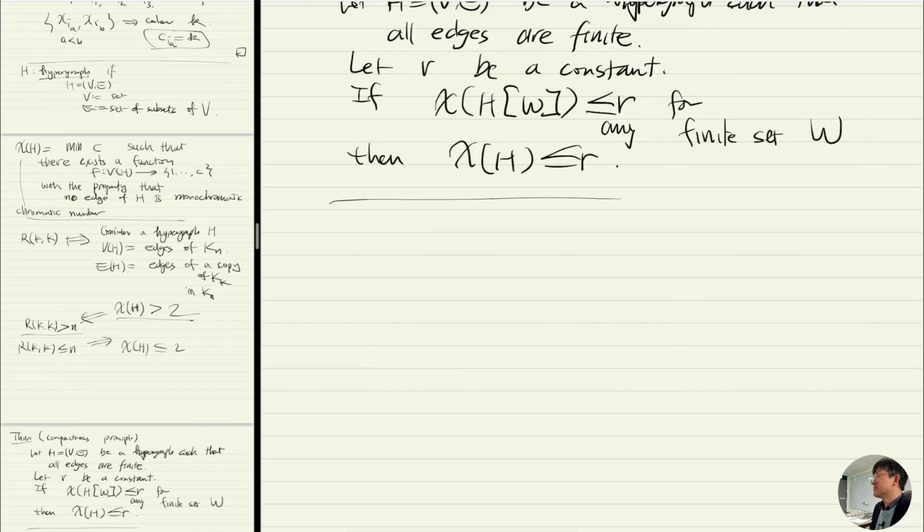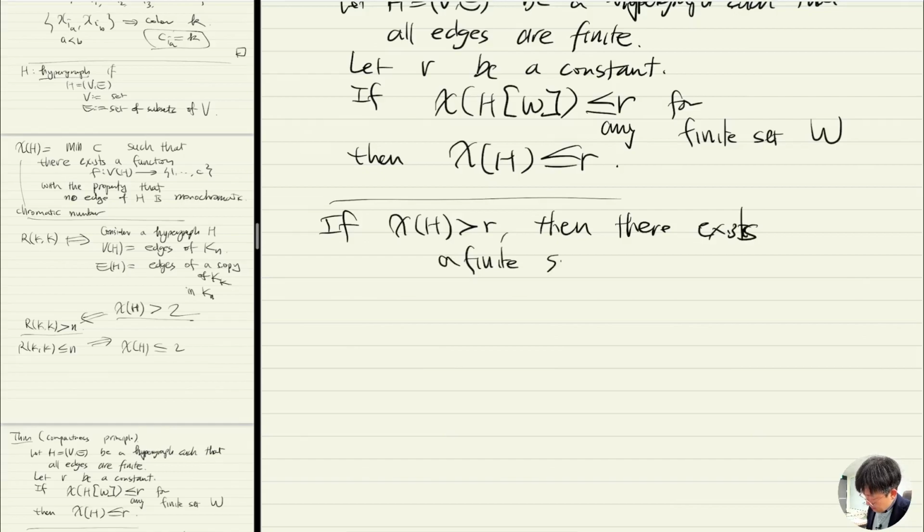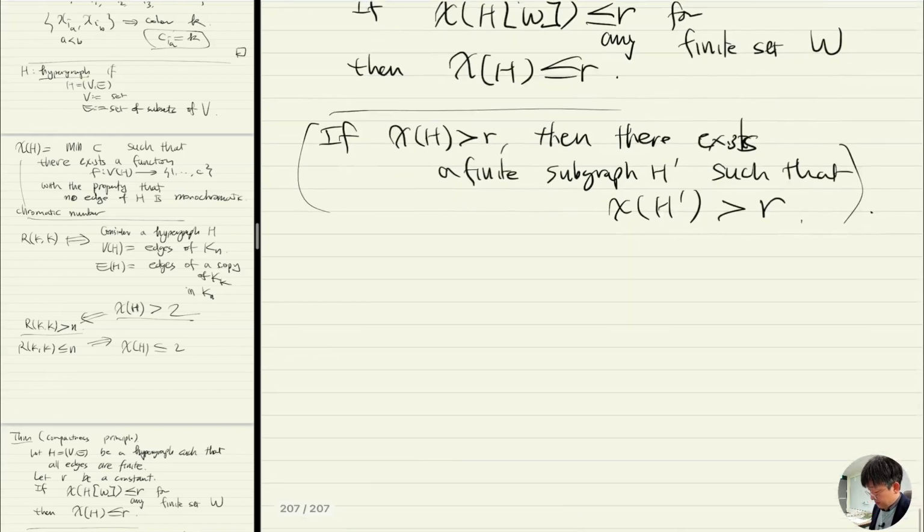Anyway, for us, a more convenient form is: if this number is bigger than R, then there exists a finite subgraph H prime such that chi of H prime is bigger than R. Okay. Anyway, I'm going to show you two proofs.